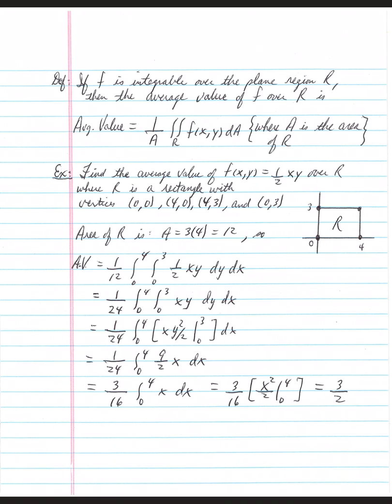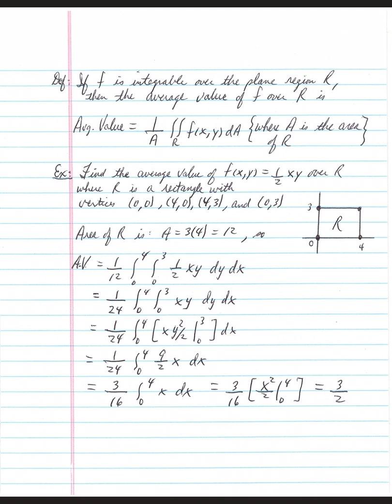It really doesn't matter in this case which variable you integrate first. Just make sure that whatever you pick, if you put your dx differential on the outside, then the x limits need to go on the outside. And then your y and your y. So just make sure those match up.